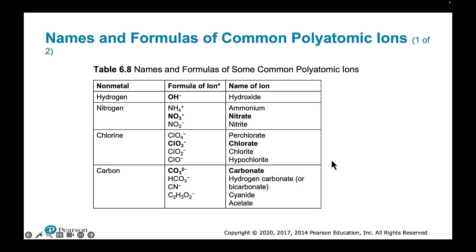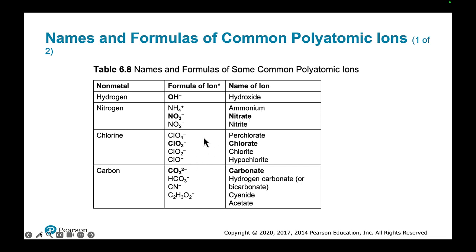So these are just some names and formulas for common polyatomic ions. OH minus is hydroxide. This is one that you definitely need to remember. Nitrogen-based ones, again, we have NO3 minus and NO2 minus, so nitrate and nitrite. The other one with nitrogen, and this is a unique one because it has a plus charge instead of a negative charge like all of the other ones, is NH4 plus, ammonium.